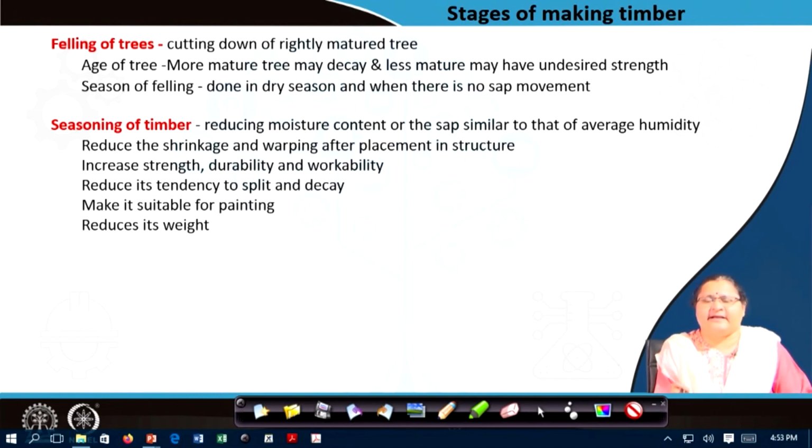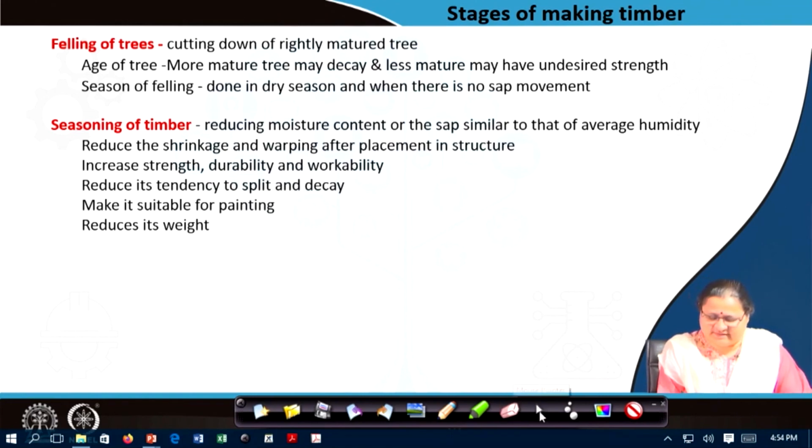And attack by decaying agents, that is the termites, insects, microbes, bacterial growth, algae, fungi, moss growing on it, get lessened and you can make it suitable for applying paint. Through seasoning, you also reduce the weight of the mass.